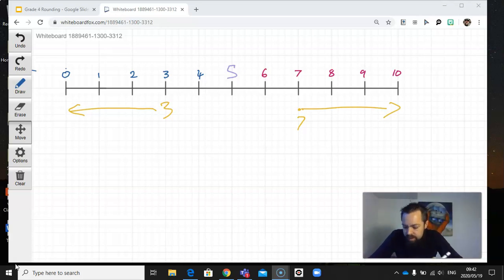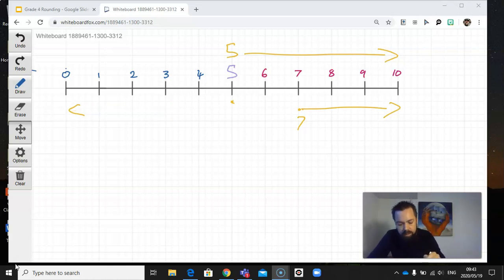In the same way, what we do is if we are in the middle, so at 5, then we move forward to 10. So any number that's 5 or after 5 goes to 10, and any number that's less than 5 goes down to 0. And really, that's all there is to it when it comes to rounding off with tens.